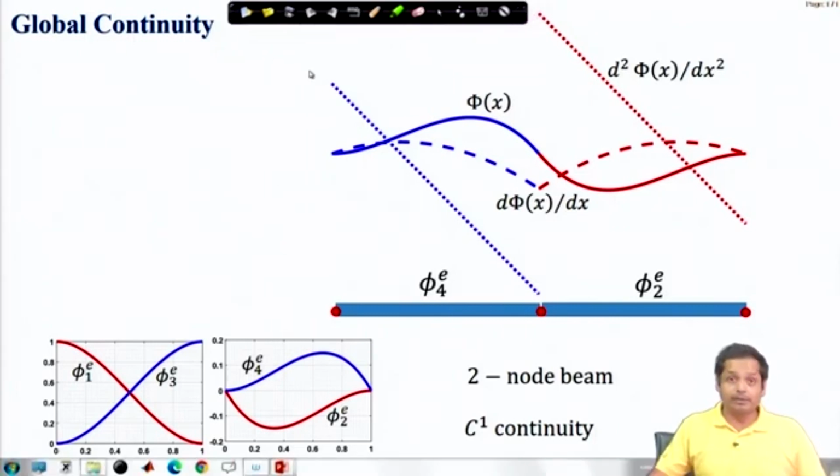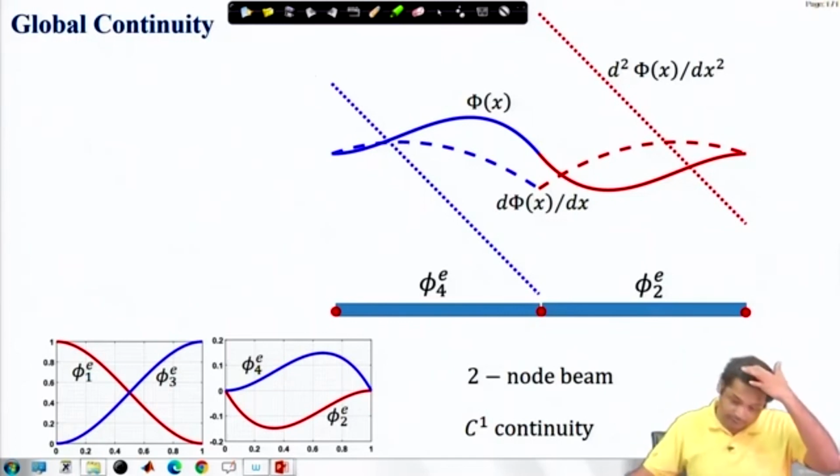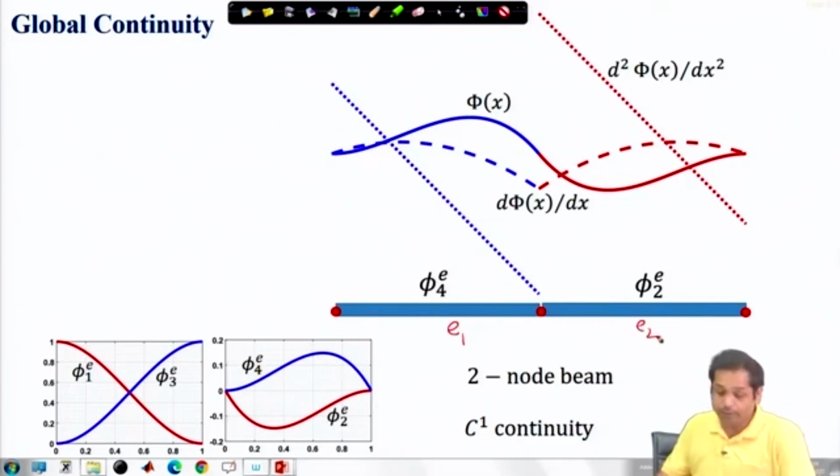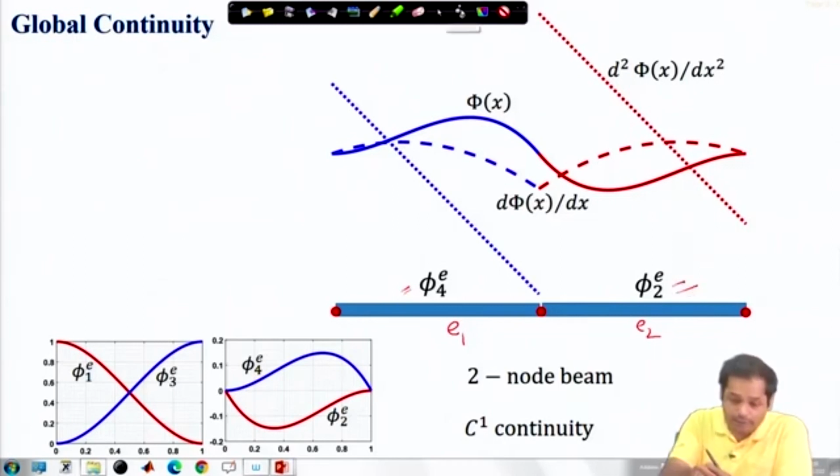Now let's take the next one, the 2-noded beam element, and these are the shape functions, plotted like this. Not all shape functions are plotted. This is element number 1, this is element number 2. From element number 1 this one is plotted, and from element number 2 this one is plotted.